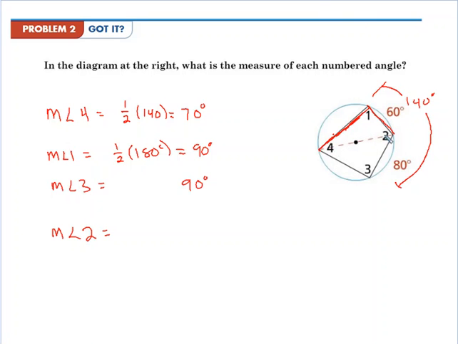And we learned that in this inscribed quadrilateral, the opposite angles will be supplementary. So if angle 4 was 70, angle 2 would have to be 180 minus 70. In other words, 110 degrees. And now I've got all 4.